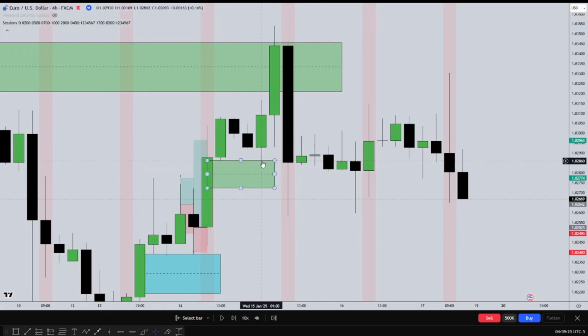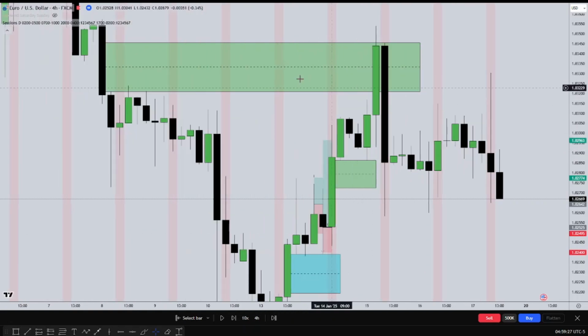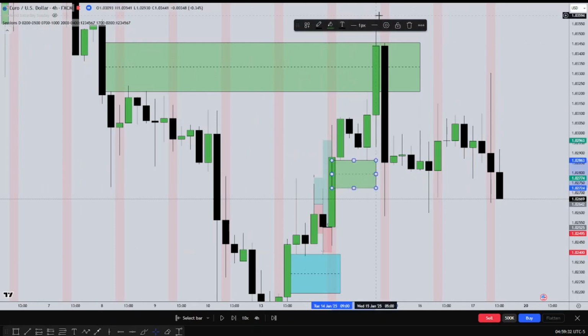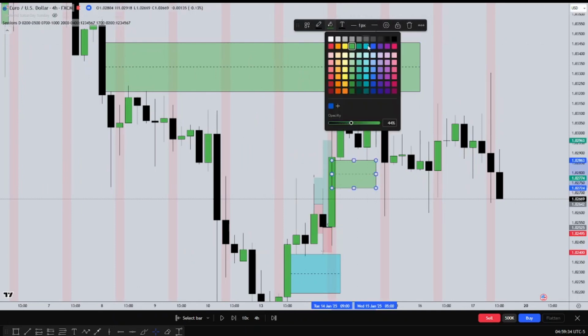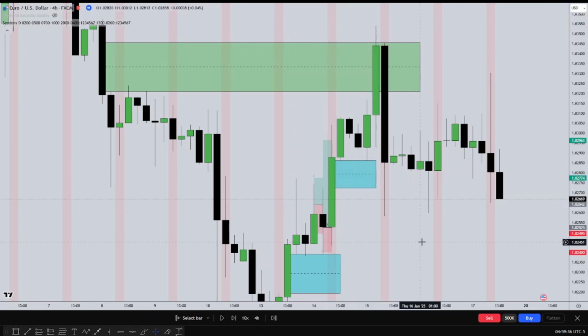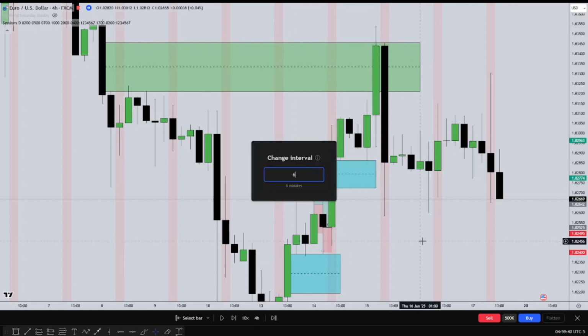Price retraced to the fair value gap, led to higher prices for price to fill in this higher time frame fair value gap. So you stick to the 4 hour trend until the trend is invalid before you look for another setup on another time frame.